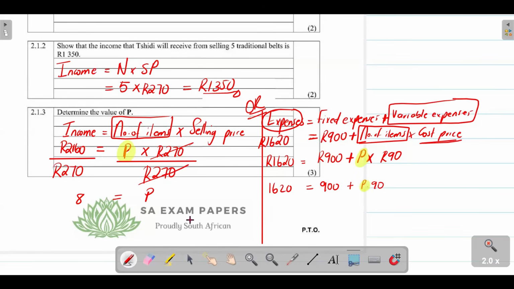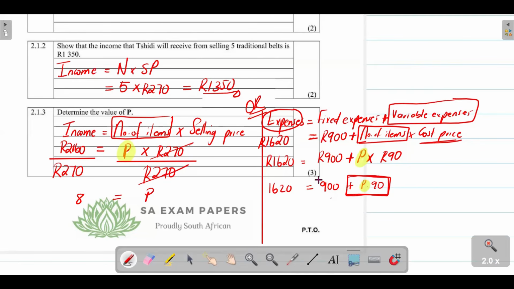If I want to solve for P, you can't start off by dealing with this number, because where they say it's P multiplied by 90, it's attached to that P. We can't touch it as yet because we still have this number there. So we first need to remove that number that doesn't have that unknown, the 900.